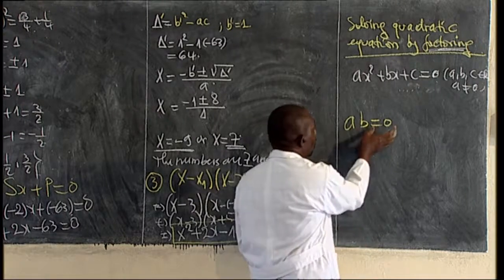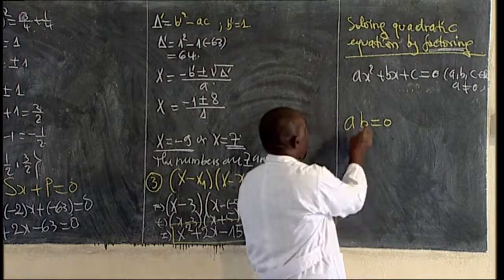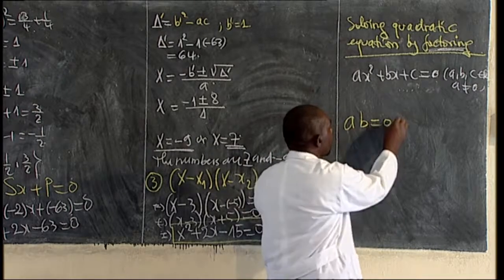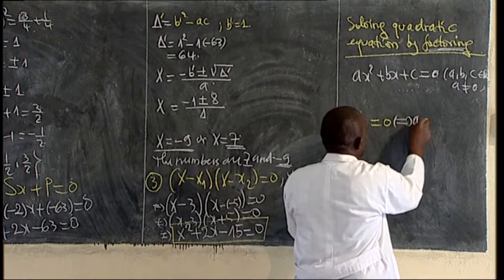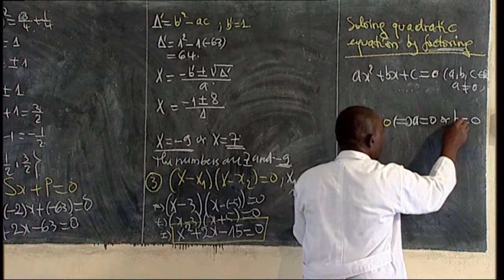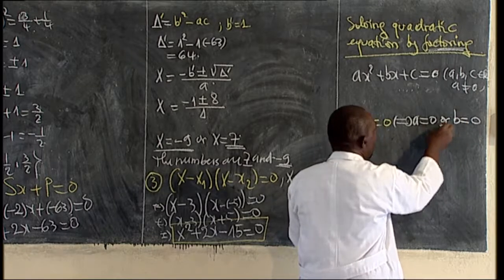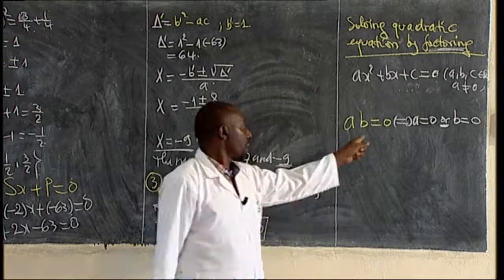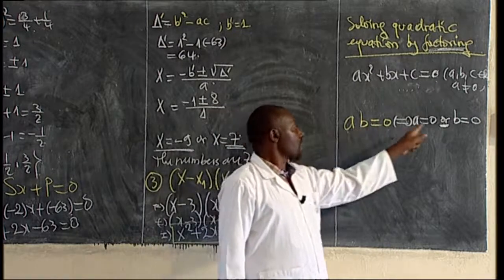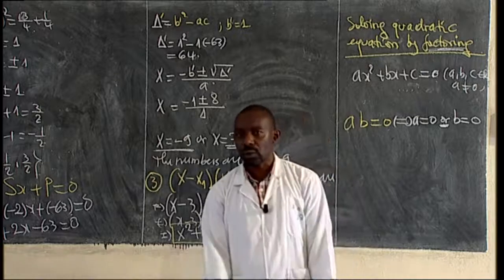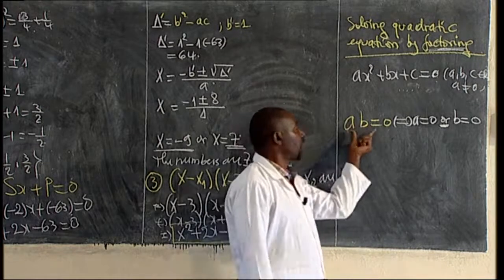So this is equal to 0 if one of these factors is equal to 0. It means that A equals 0 or B equals 0. Remember this or with logic, it means either A is equal to 0, or B is equal to 0, or both are 0.